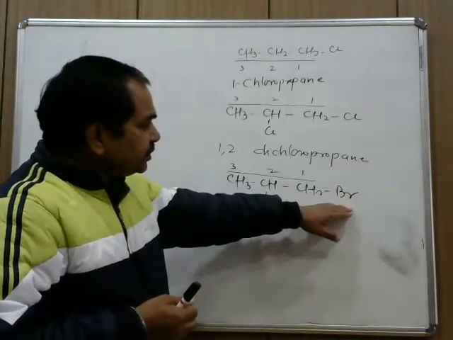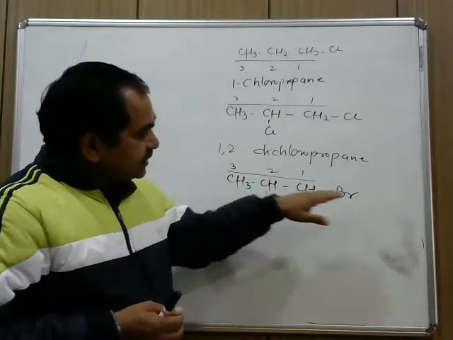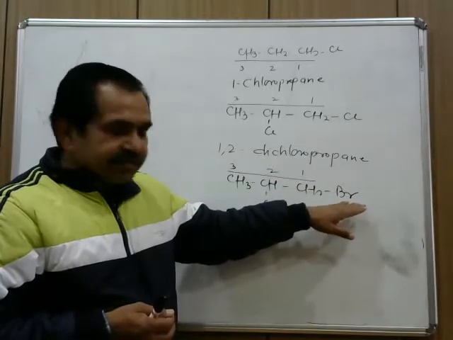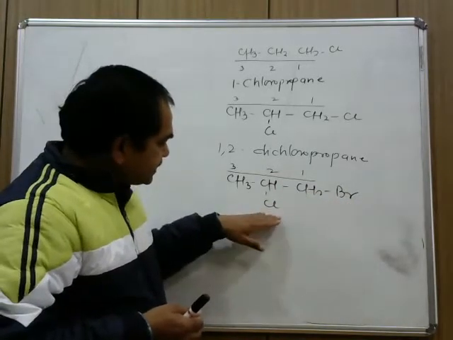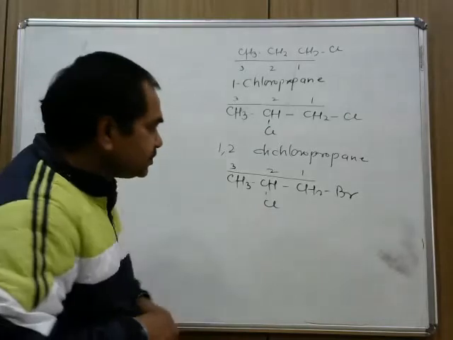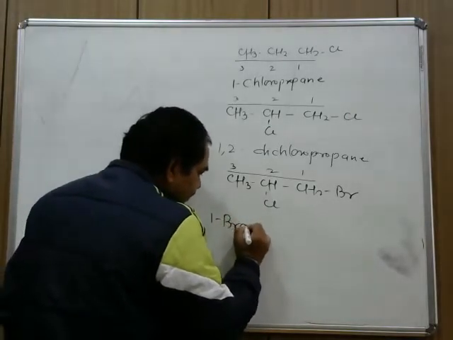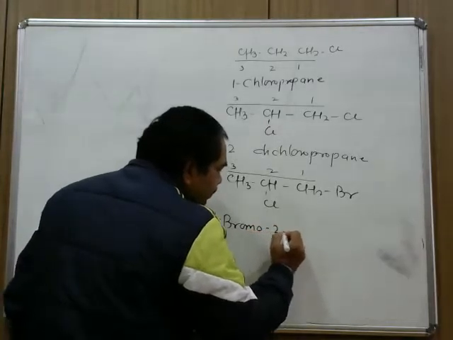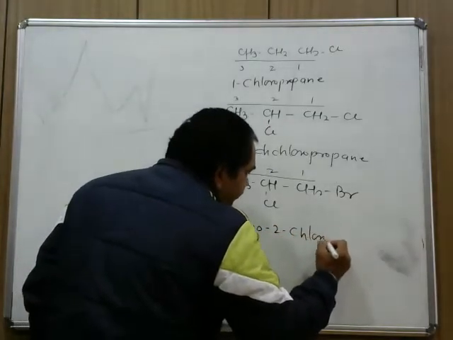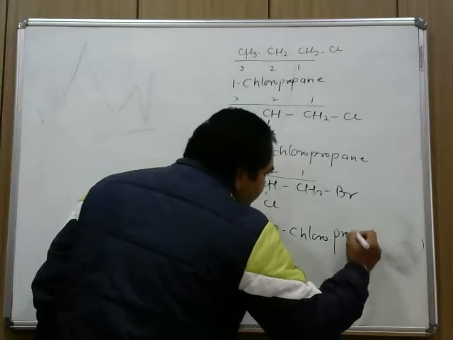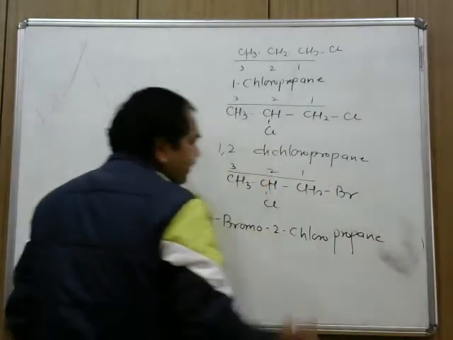So this is bromo, this is chloro; bromo comes first alphabetically, chloro comes later. So we write 1-bromo, 2-chloropropane.